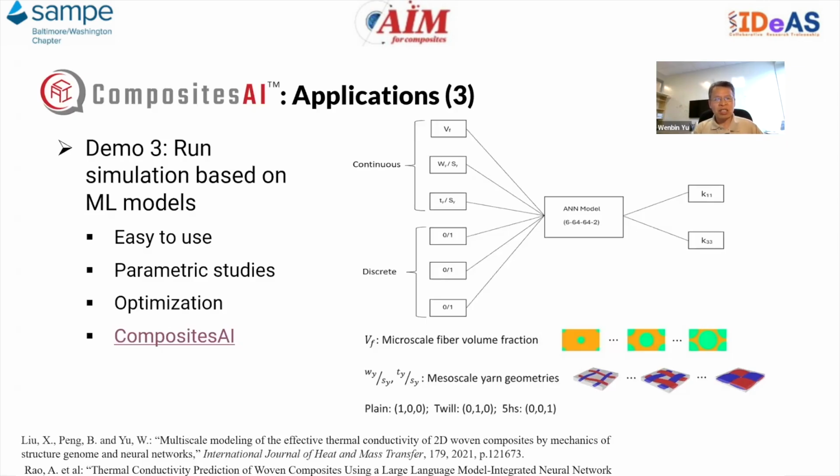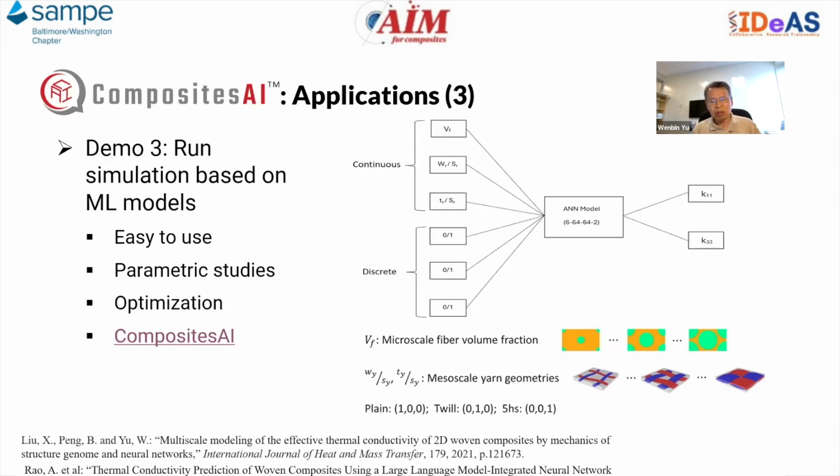Not only answer questions, we can do incremental training, because when you train a model, you set up a parameter range, but the user may ask questions outside of your bound. Then the system can tell, oh, that's not the model I trained for. Do you want to use the corresponding physics-based simulation?